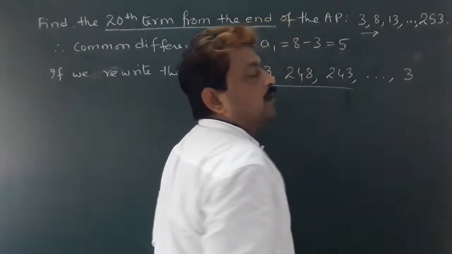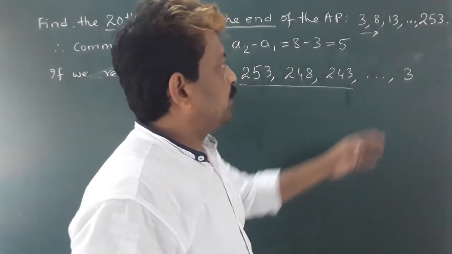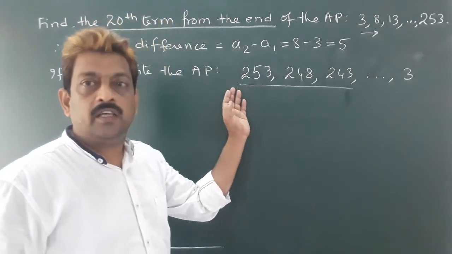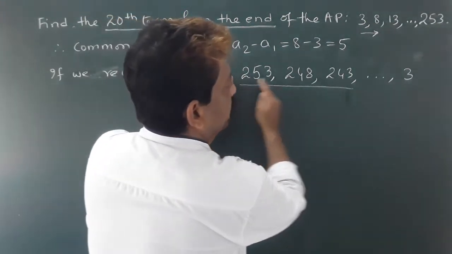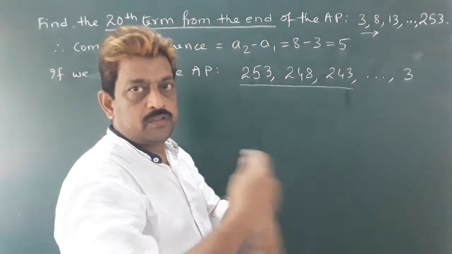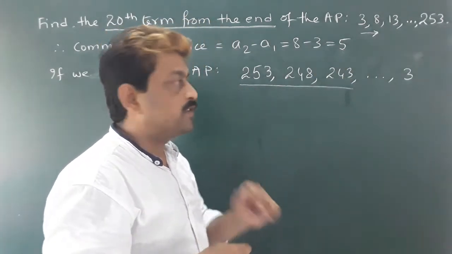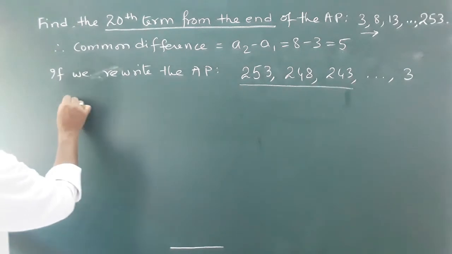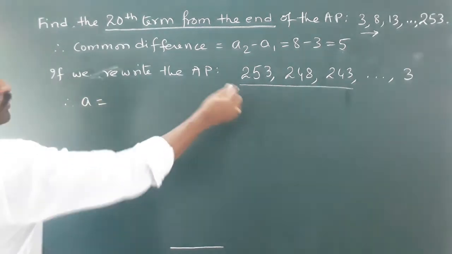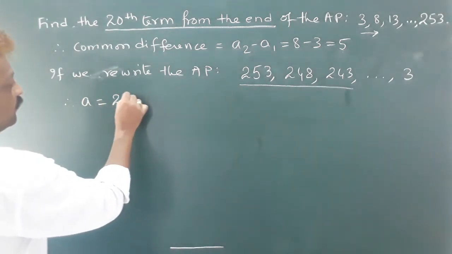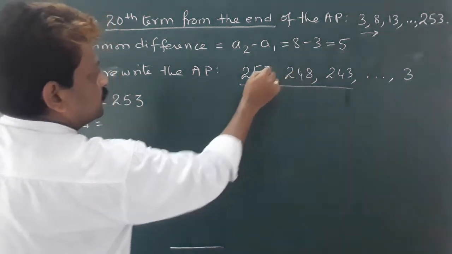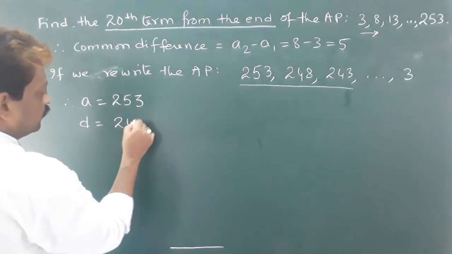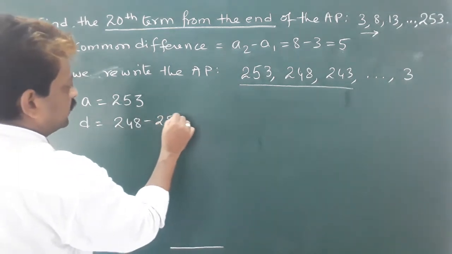Naturally, when we rewrite the AP, we find the 20th term from the beginning, because the AP has been reversed. Therefore, the first term now is 253. The common difference now is 248 minus 253, so it is minus 5.